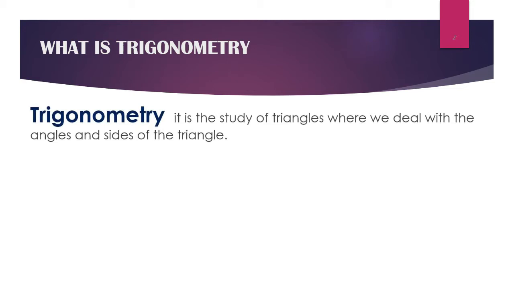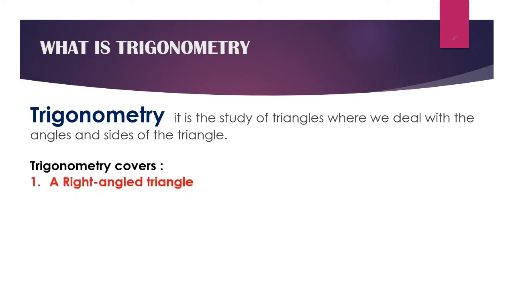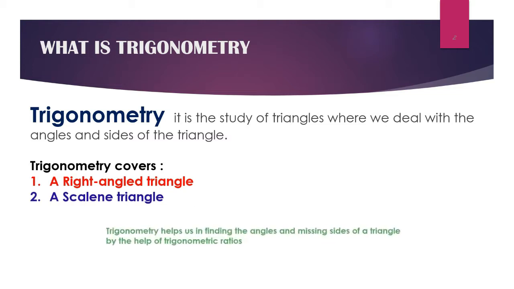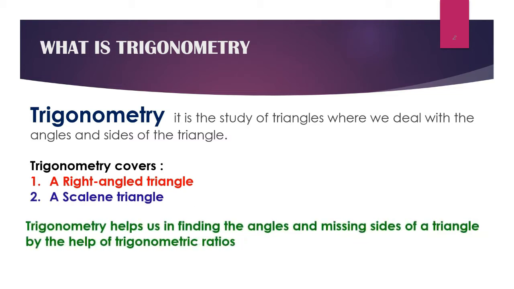Trigonometry covers 1. A right-angled triangle, and 2. A scalene triangle. Trigonometry helps us in finding the angles and missing sides of a triangle by the help of trigonometric ratios.